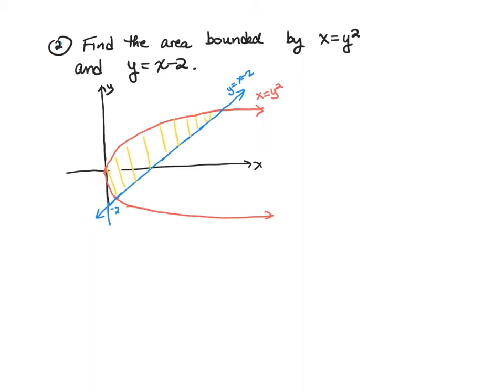Okay, now the next step is to find the points of intersection. Without the points of intersection, we will not know our limits of integration. So we'll set these two equal to each other.